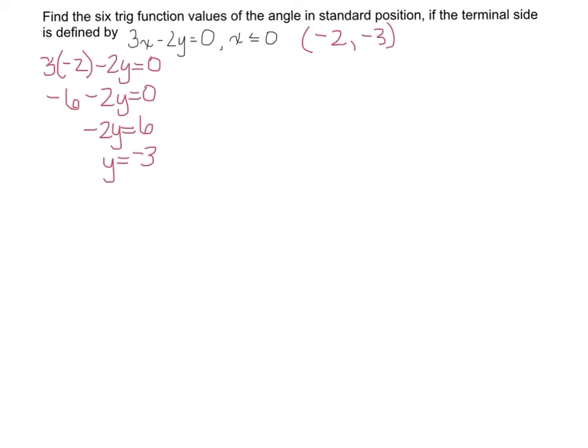I now need to solve for r. I know this is going to come out as a pretty nasty number, so I'm going to have a radical. So this ends up being 4 plus 9, which is 13. R is the square root of 13.